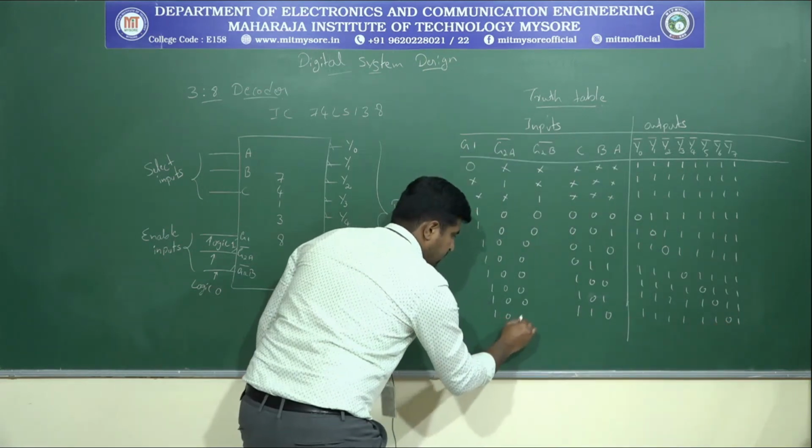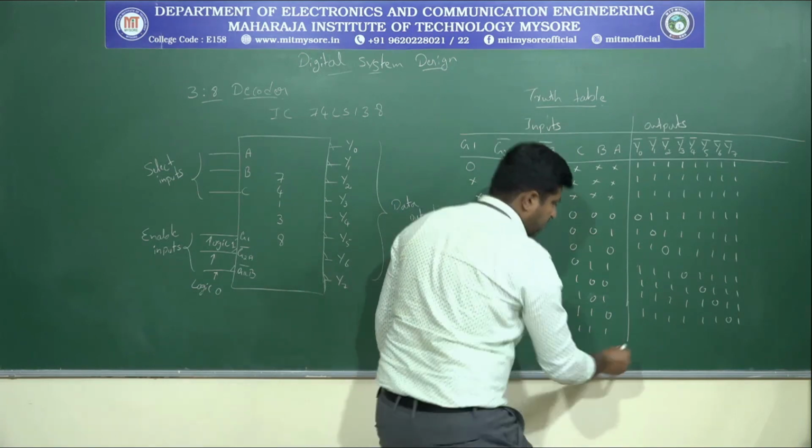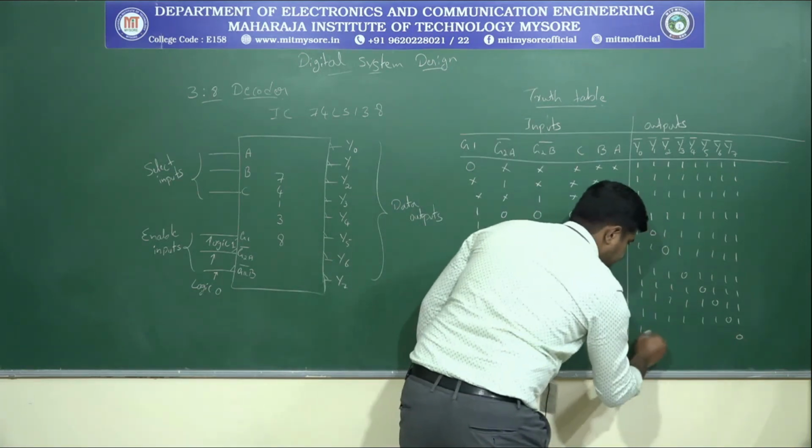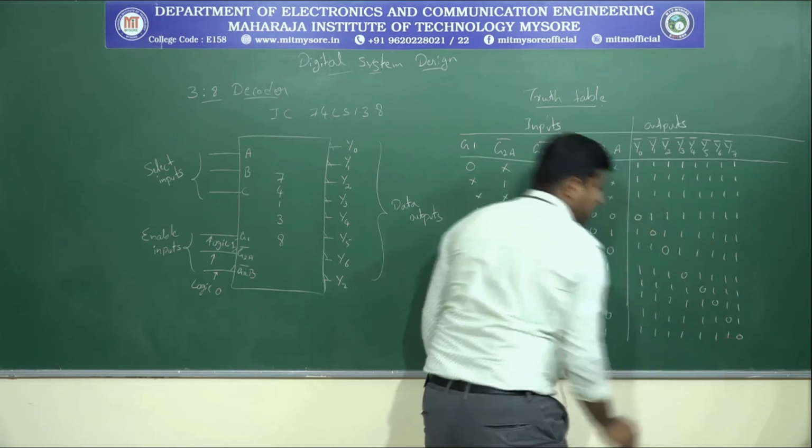And similarly for 1, 1, 1, Y7 will be enabled, remaining outputs will be disabled.